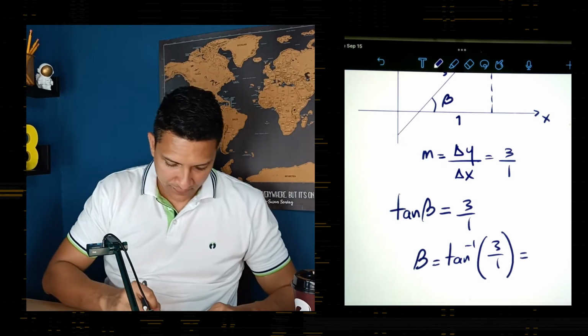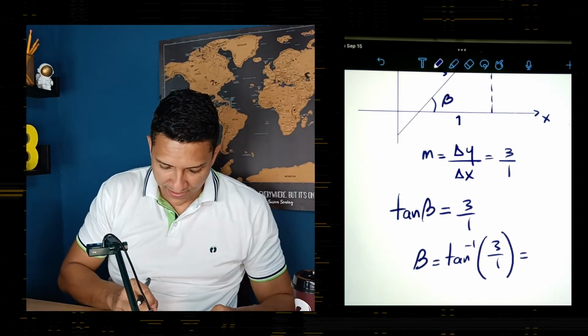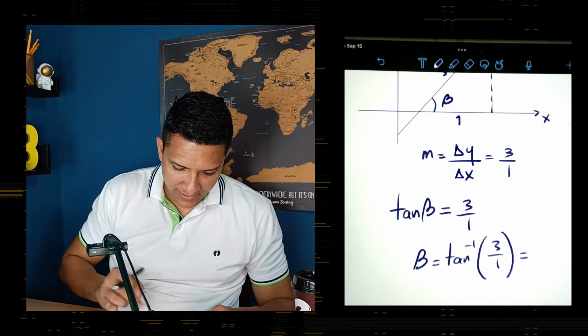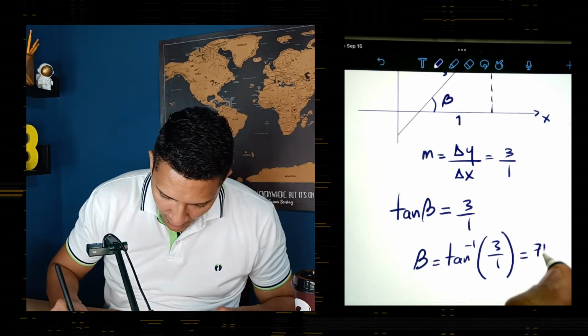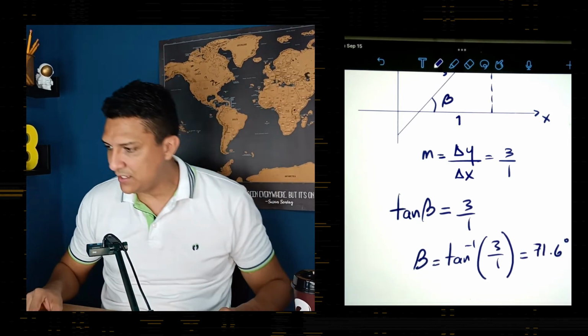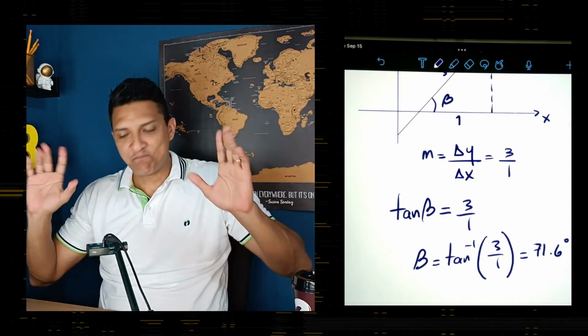So inverse tangent of 3/1 is 71.6 degrees. This is how we use trigonometric ratios to find the missing angle.